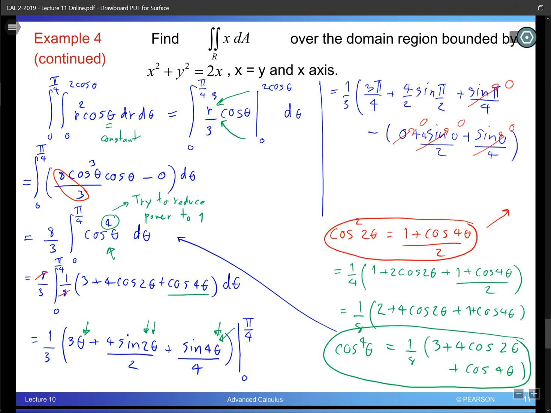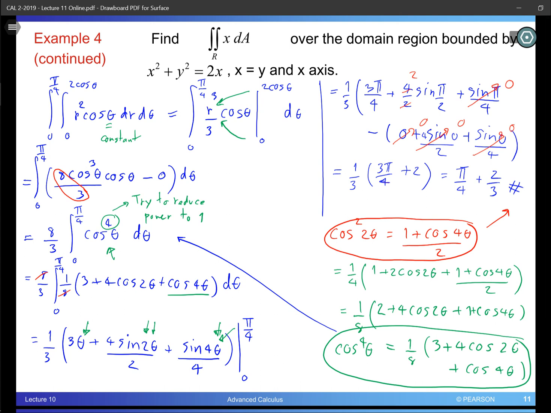So in the end you have this term 1 over 3 pi over 4. So this term becomes 2. Sine pi over 2, that is 1, so plus 2. So in the end we have this pi over 4 plus 2 over 3 as the final answer for this example.